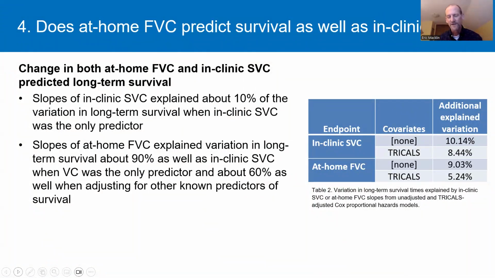If we adjust for this other known set of predictors, then forced vital capacity measured at home only explains about an additional 5% of the variation in survival times, which is only about 60% as good as what we would have learned had we used slow vital capacity. So again, not quite as good performance, but that's going to be balanced by other features. So the next slide sort of wraps things up.